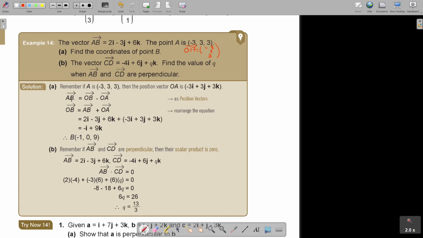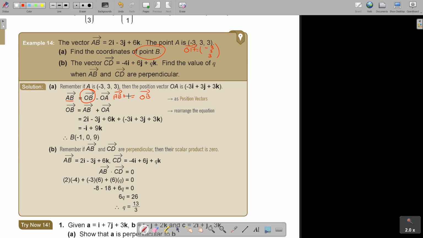The reason why I'm taking you to this one: first write it as you know it. AB is the second one minus the first one. Are you with me? And now I want to find the point B, so make that the subject of the formula. Basically I'm leaving B on this side and I'm taking the rest over.